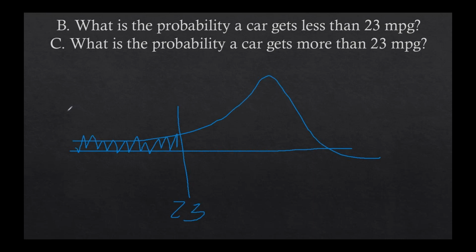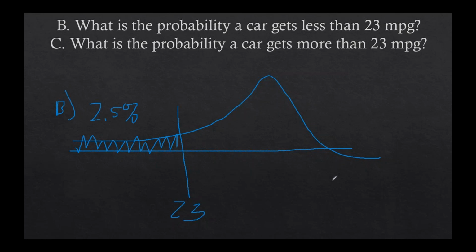What is the total of the percentages to the left of 23? 2.5, excellent. So the answer to part B would be 2.5%.